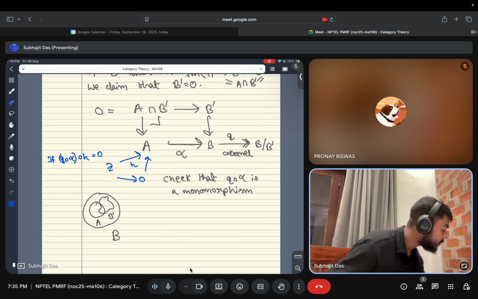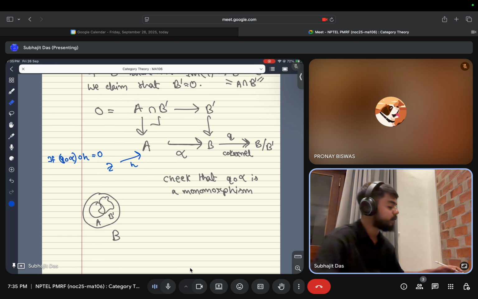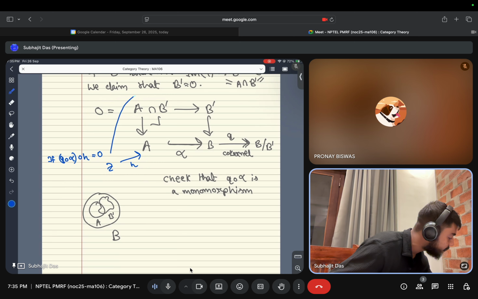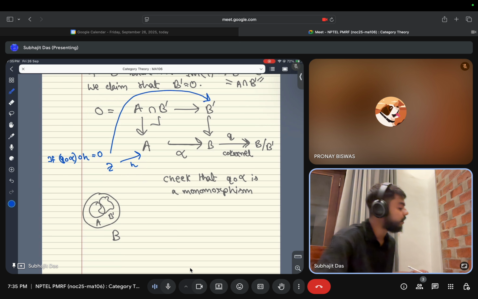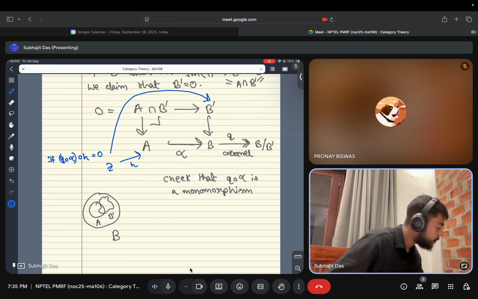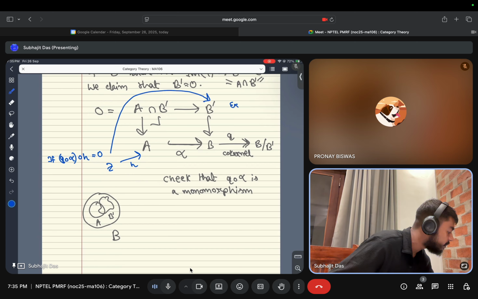The point is that if Z to A composed with Q composed with alpha is 0, we can actually have a map from Z to B prime as well. And this is maybe an exercise for all the readers. Check using the universal property of pullbacks.